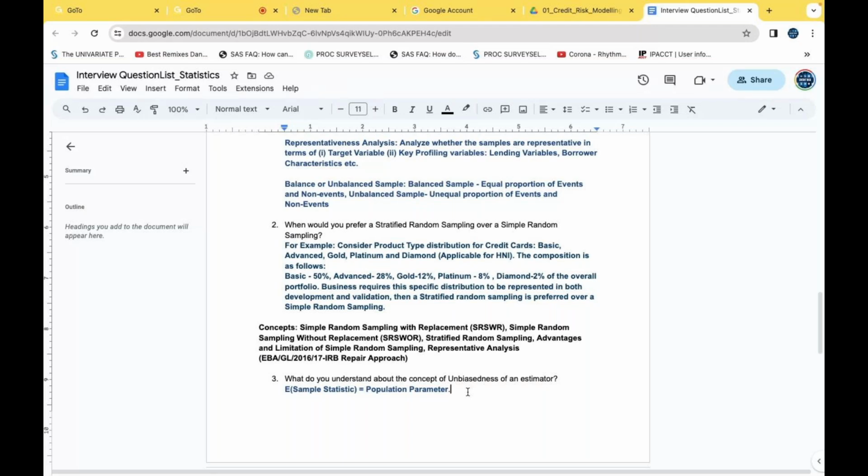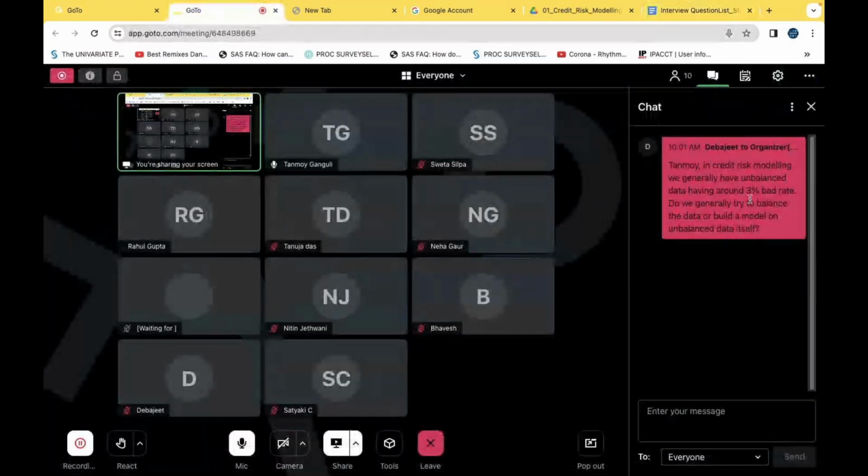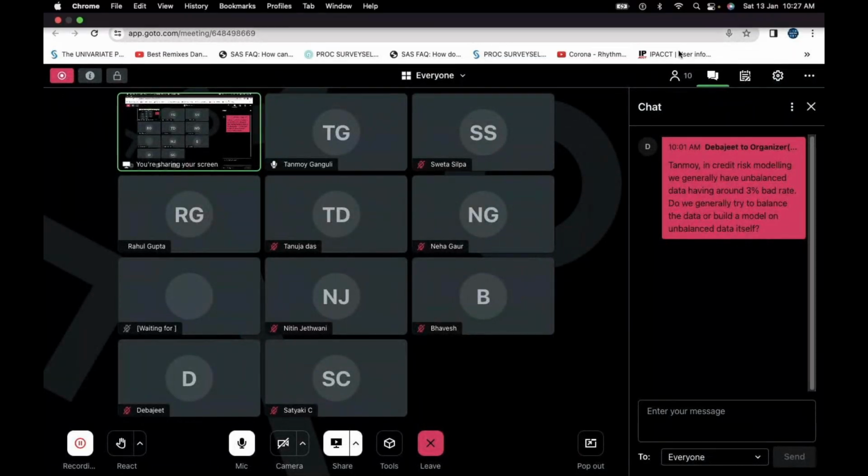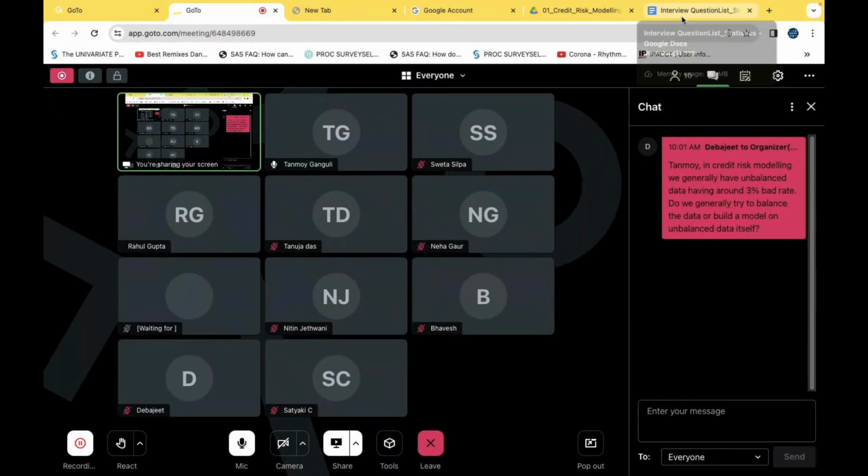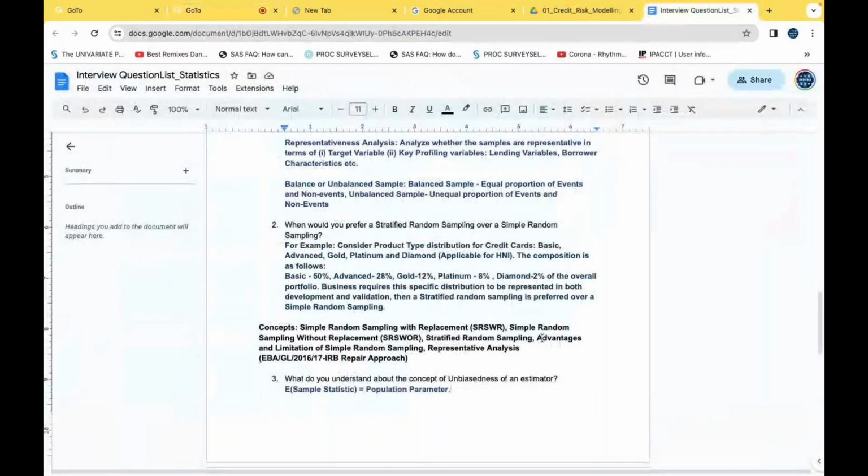Right? Any questions up to this point? Is this concept clear to us? The expected value of the sample statistic is equal to the population parameter.